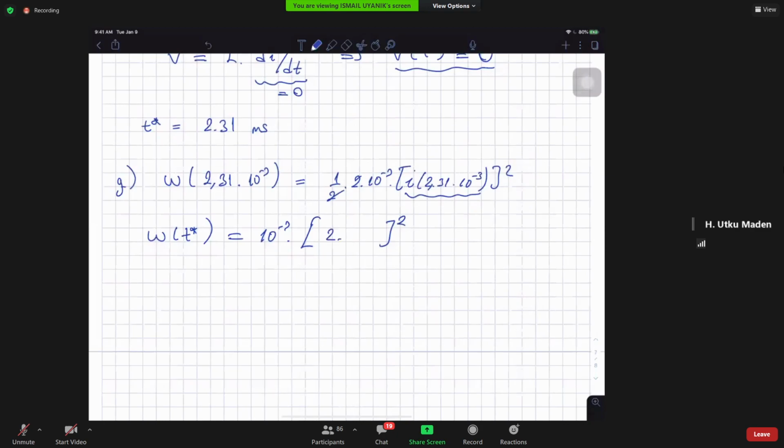Squaring that, it would be 5.58 amps squared. With 10 to the minus 3, it's going to be millijoules. Okay, 558 you said? Yes. This will be millijoules. Okay, perfect. Thank you very much. So this is our result here.